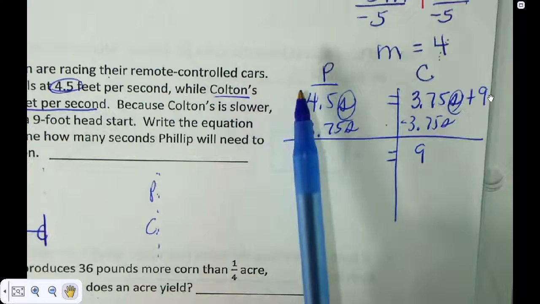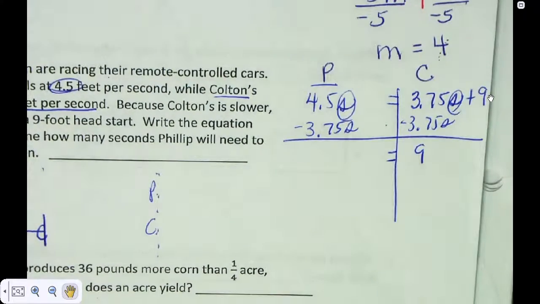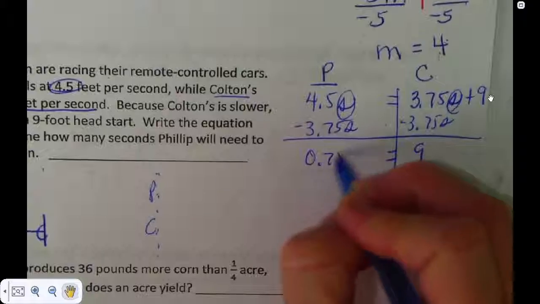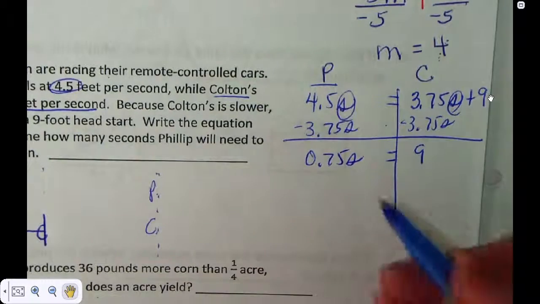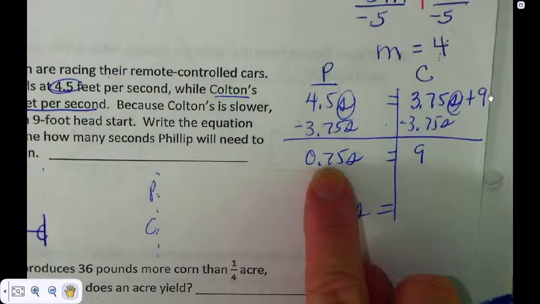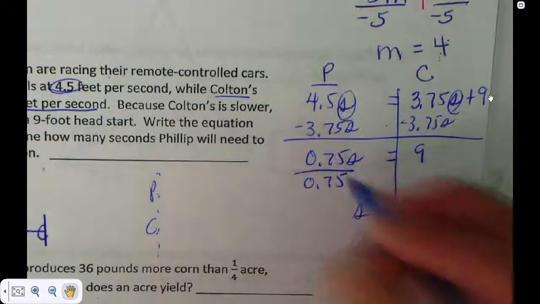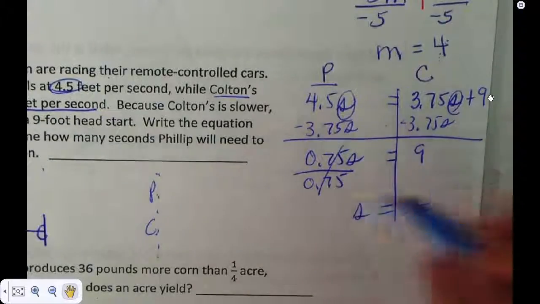So I'm going to subtract 4.5 minus 3.75. 0.75S. Good. Now what am I going to do? To find S, what do I need to do? What do I need to get rid of? Eliminate. 0.75. No, I don't want to eliminate the S. I want to eliminate the 0.75. I'm going to divide.